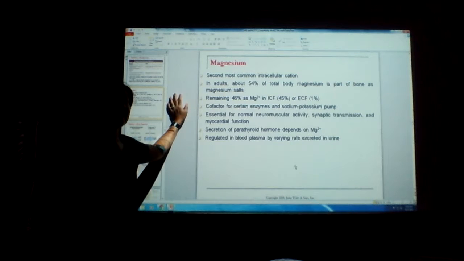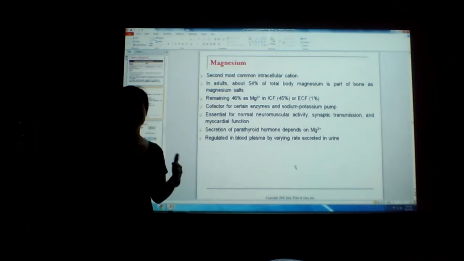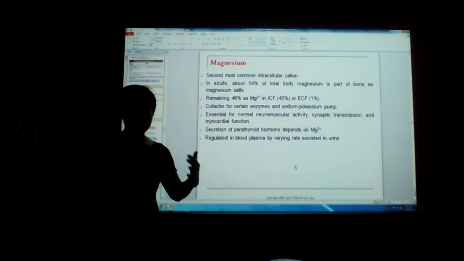If you work in the OBGYN ward, you will encounter a lot of patients who go into preeclampsia, hypertensive pregnant patients, and you will see they immediately order magnesium sulfate injection, because magnesium is a relaxant.